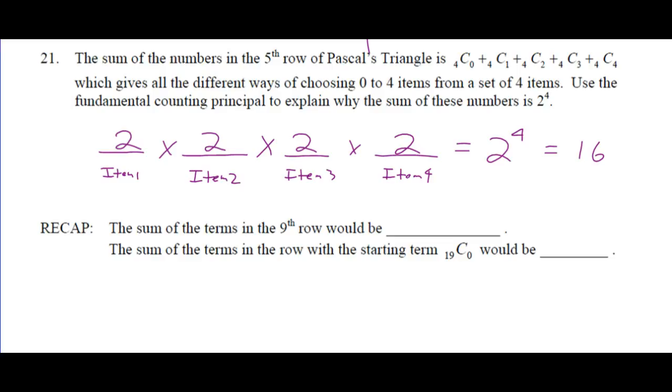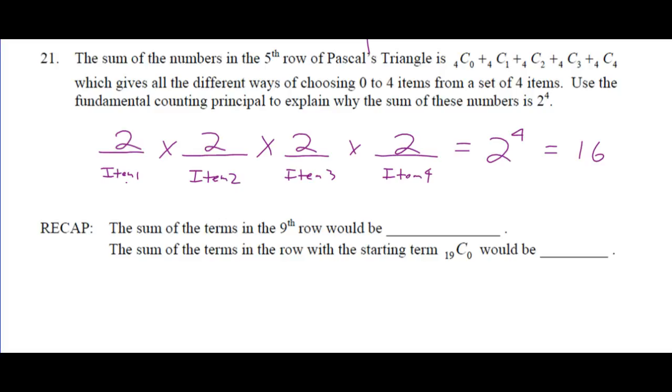Don't choose, don't choose, don't choose, don't choose. If I'm choosing one item, it's like choose this, don't choose that. So 1 times 1 times 1, right? Choose it one way, don't choose, don't choose, don't choose. Or don't choose it one way, choose it one way, don't choose, don't choose. Or don't choose it, don't choose it, choose it, don't choose it. Or, right? That's just 4 ways.